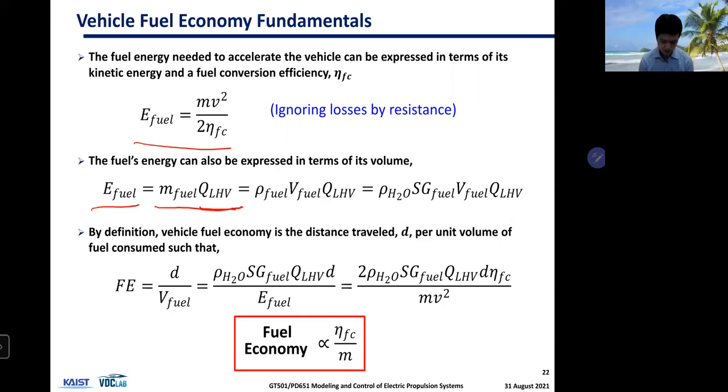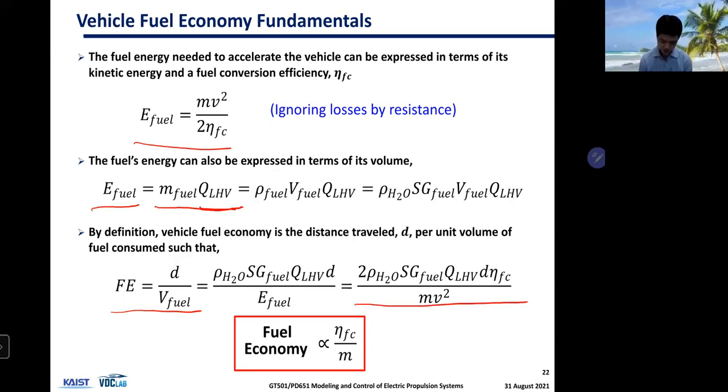energy from the fuel. And fuel economy, by definition, is distance divided by fuel volume. And if you plug in variables into these values, distance and fuel amount, then this is what you get.